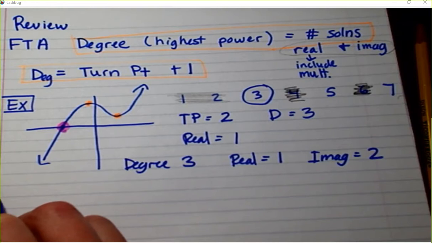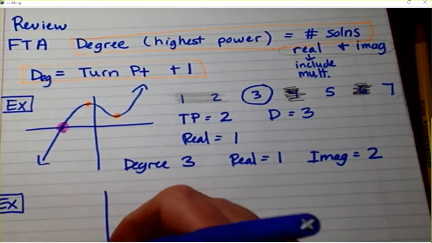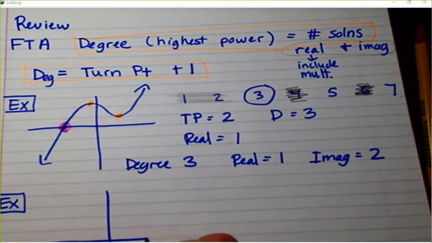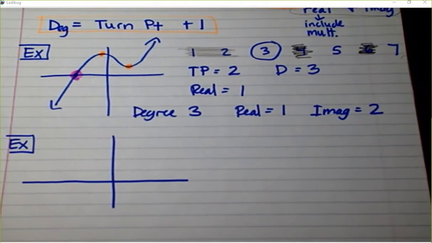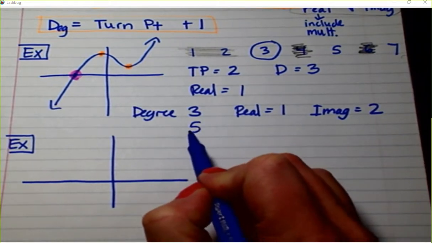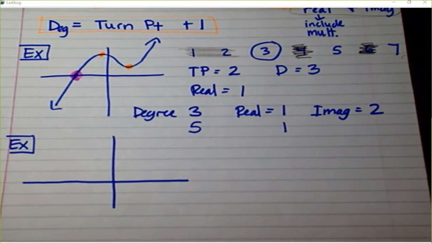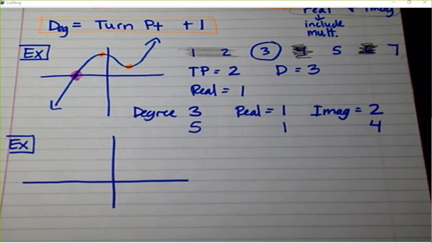Okay. We'll do another quick one here. This is like the last lesson we did right before break. So the minimum possible degree would be 3. If I decided to say that the degree was 5, there would still only be 1 real, but maybe there would be 4 imaginary.